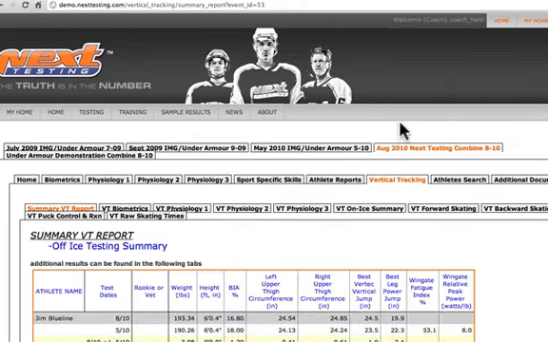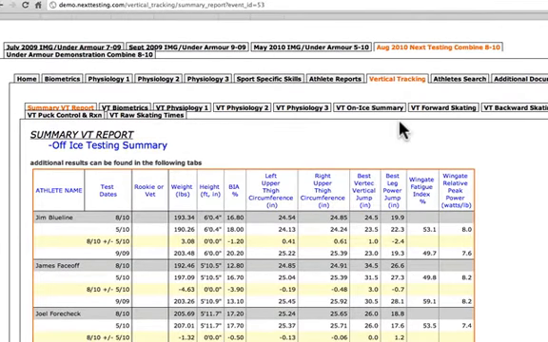Vertical tracking. What happens is we compare the vertical tracking of the last 2 events. We've got the most recent event of August 2010 in here, and prior to that we had May of 2010, and you can see the difference in here.